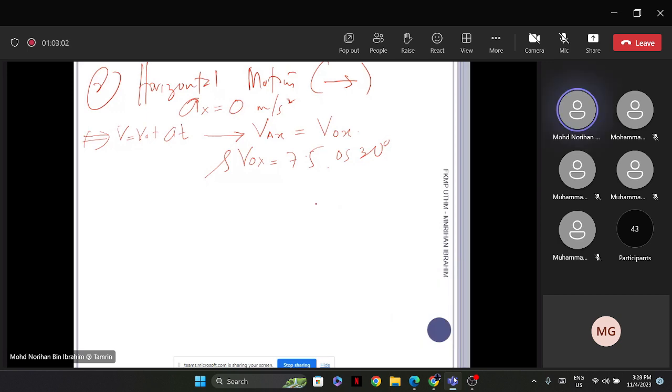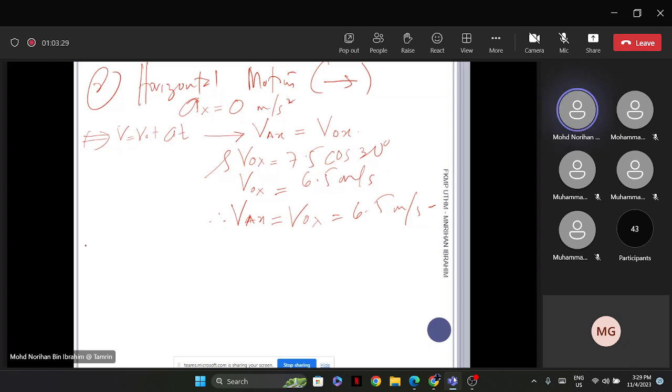So you get 6.5 meter per second for this VOX. Therefore, VAX is equal to VOX is equal to 6.5 meter per second.